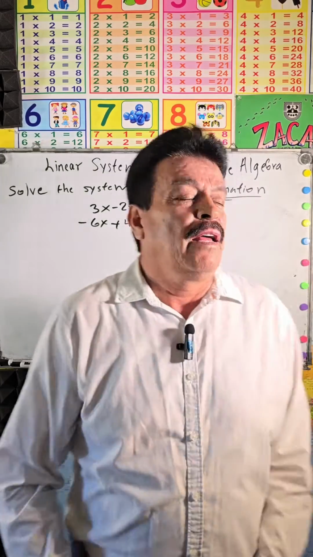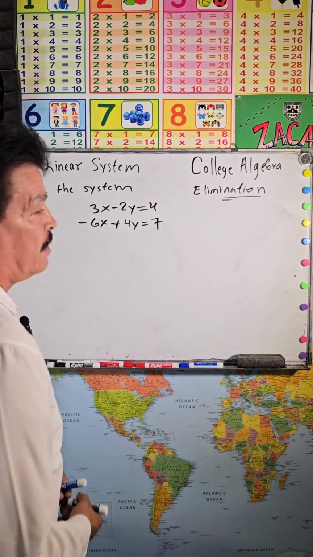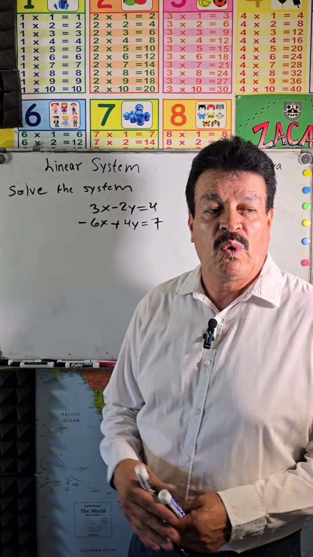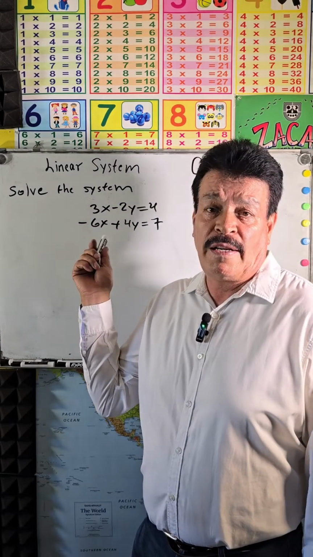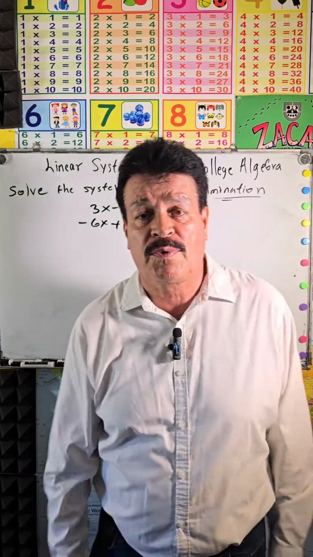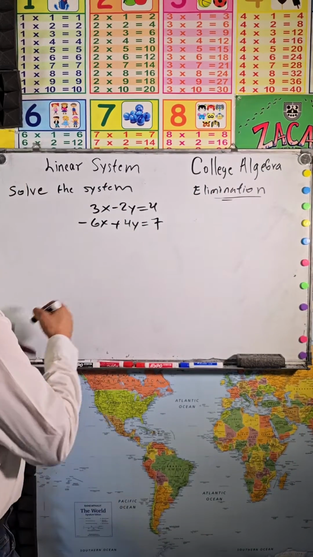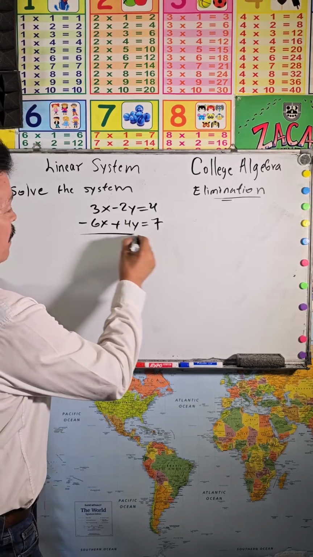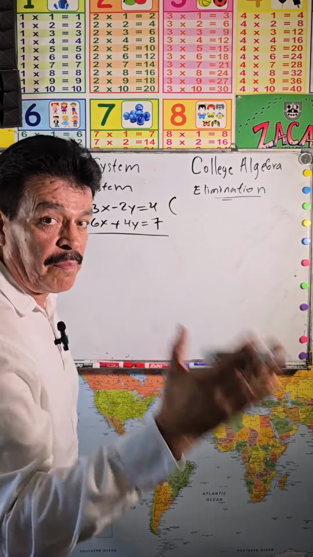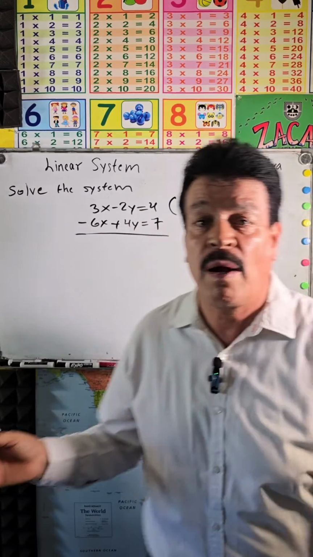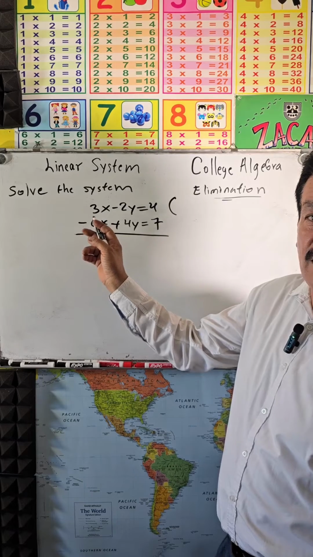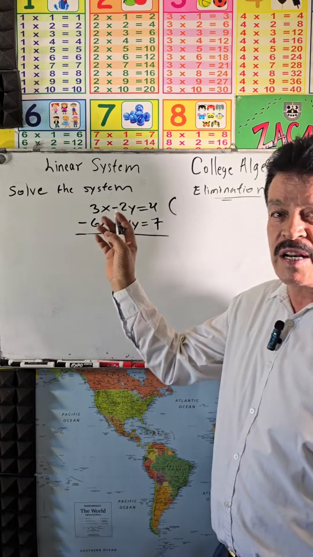Again, we have to take out one variable. To do that, we have to look at our problem here. If we multiply the first one by 2, you will have positive 6 and negative 6, and you are able to cancel.